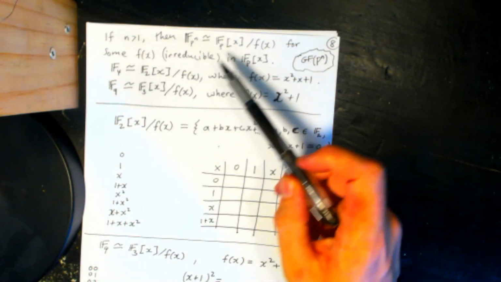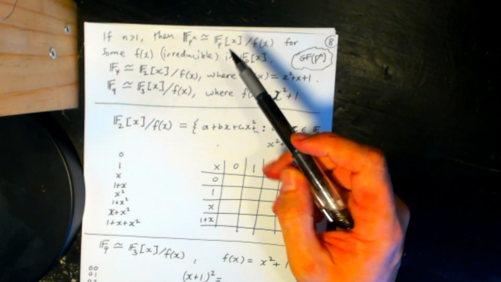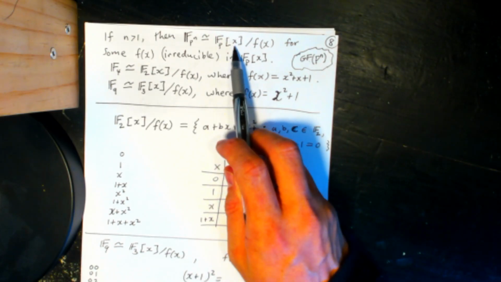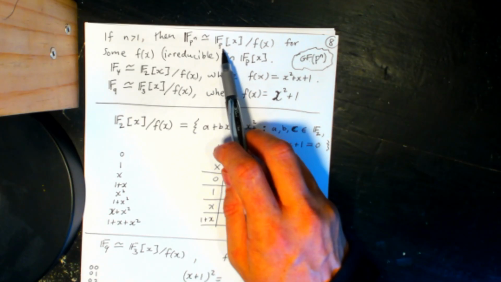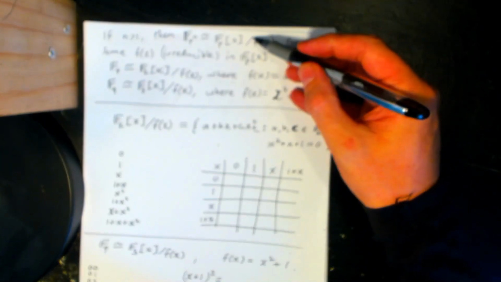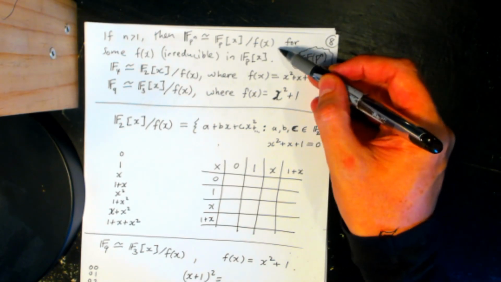But this is isomorphic, so has the same algebraic structure as the finite field of p elements adjoin x. So all polynomials where the coefficients are in this finite field of p elements. And then you basically reduce this modulo a particular polynomial.